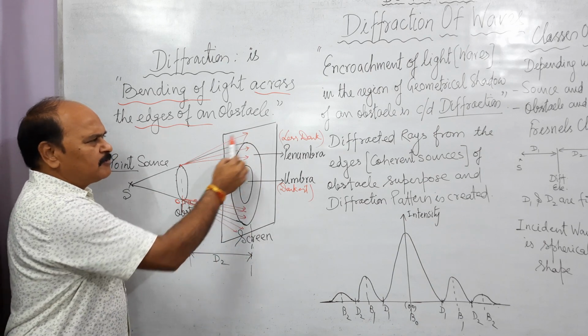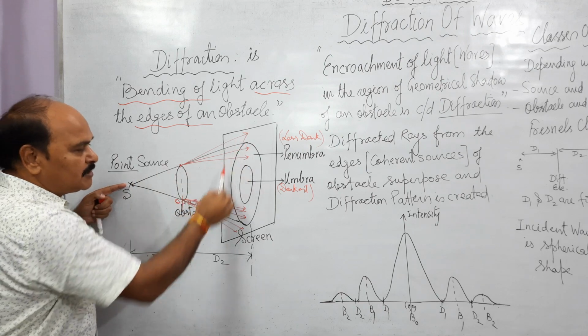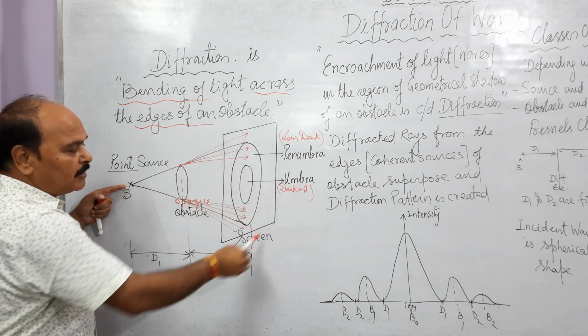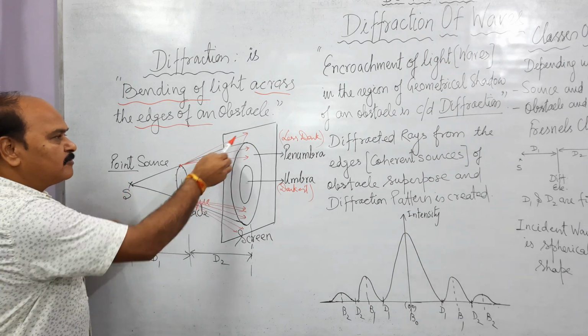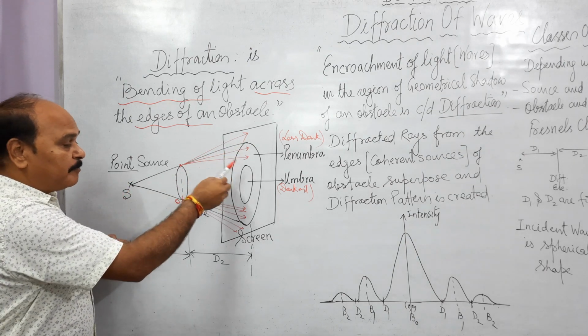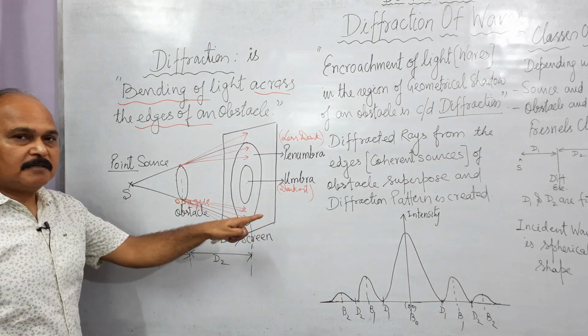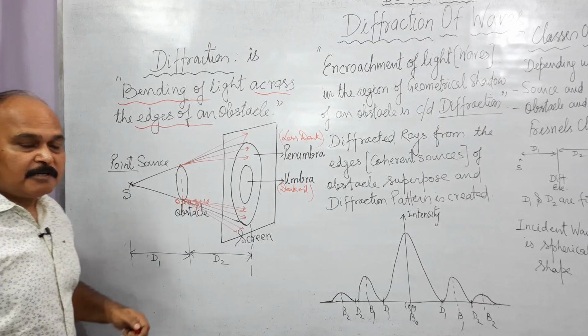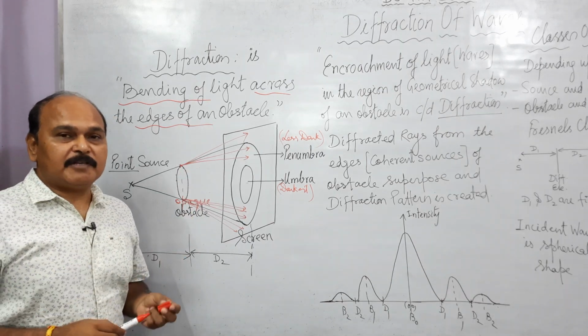And the light which moves into this region beyond the geometrical shadow, which is already lighted up by this source, doesn't change any intensity here. Remember, the intensity of the light which deviates across the edges of an obstacle is very, very small.